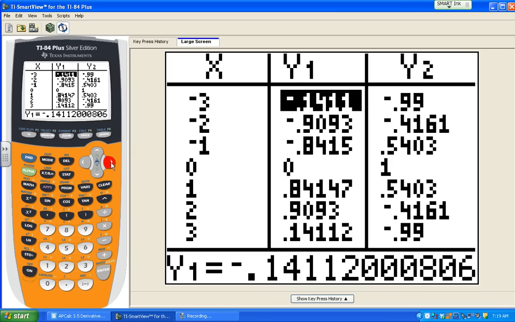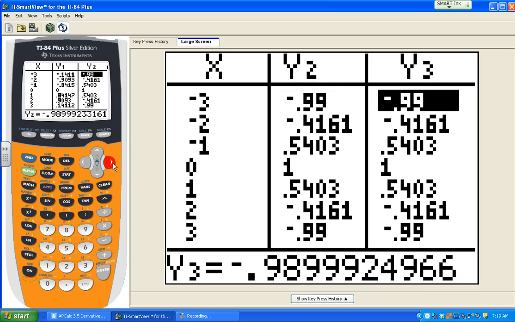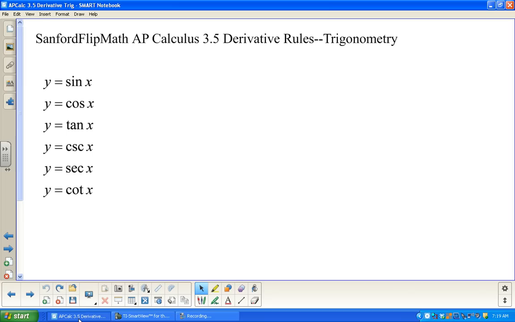So I just want to compare y2 and y3. And the numbers, from what I can see, look identical. So it looks to me like the derivative of sine is cosine.